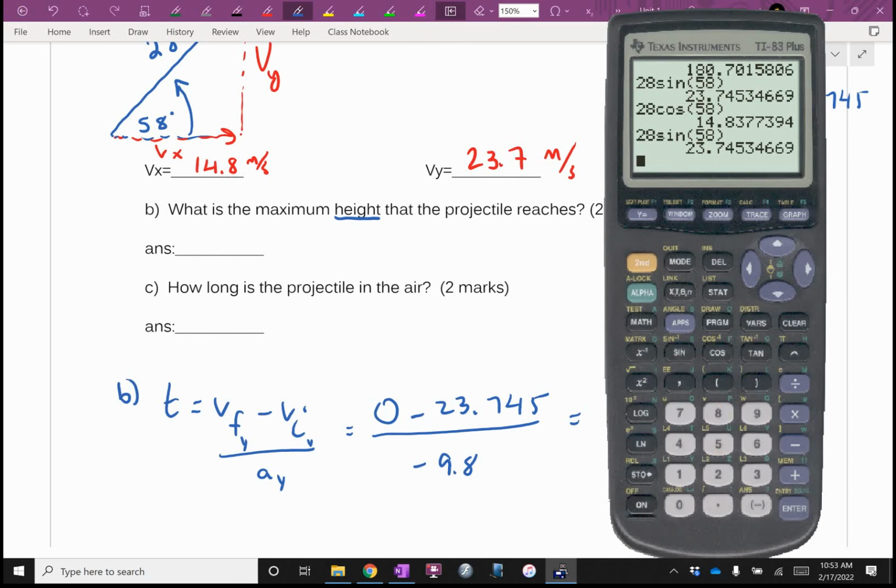Now I've got Vy with all of its decimals back on my calculator, and I can use my answer button. So I can go 0 minus answer button divided by negative 9.8. And I get 2.42. I would take 2.41, 2.43, depending on what you used for your Vy initial. But if you used your answer button all the way through, you'd get that.